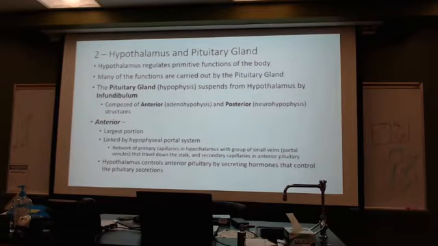So basically what happened is, veins are supposed to return blood to the heart. In a portal system, the veins return the blood to the secondary capillaries first.